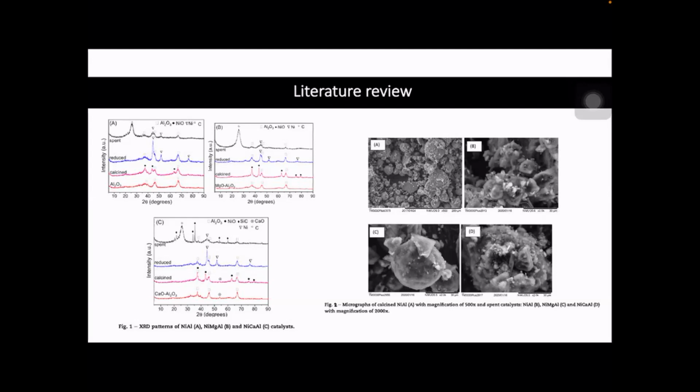However, it was also observed that encapsulation of catalyst particles occurs mainly for nickel alumina and nickel calcium alumina, which correlates with a more severe deactivation observed for this catalyst.